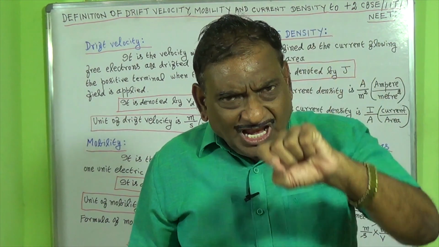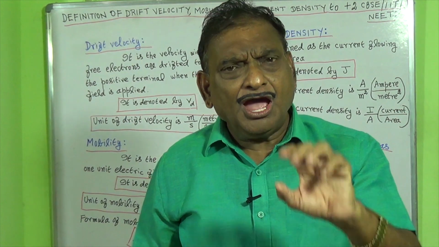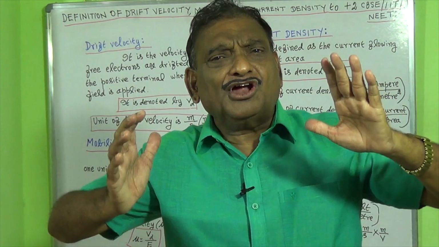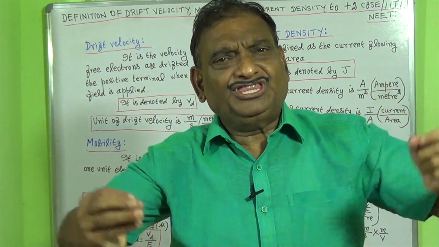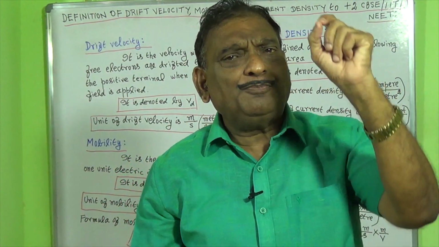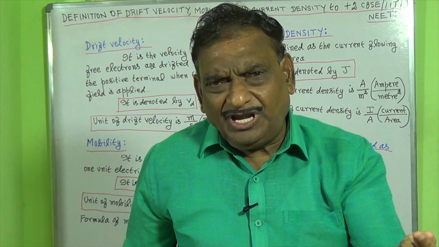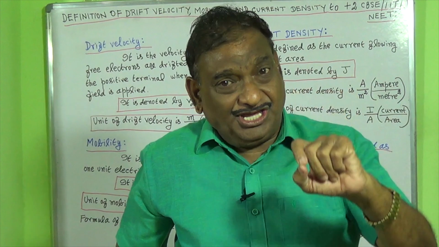Both the drift velocity and mobility are velocity. In both the cases, the electrons are drifted with this velocity towards the positive terminal. Then, what is the difference between drift velocity and mobility?